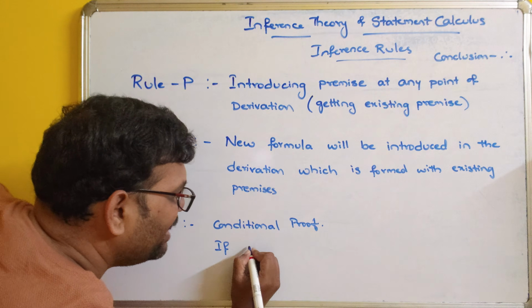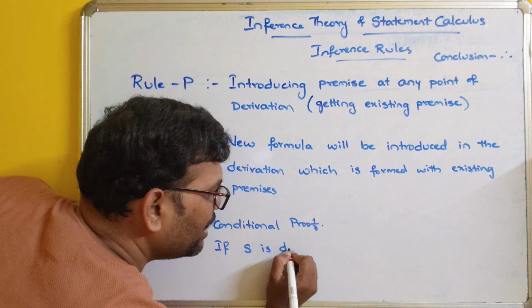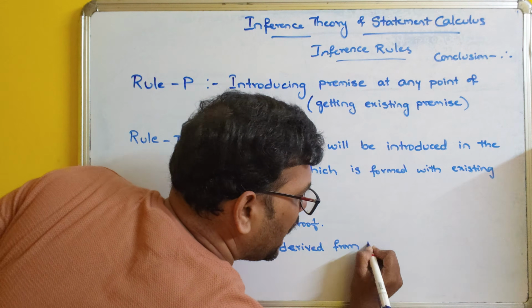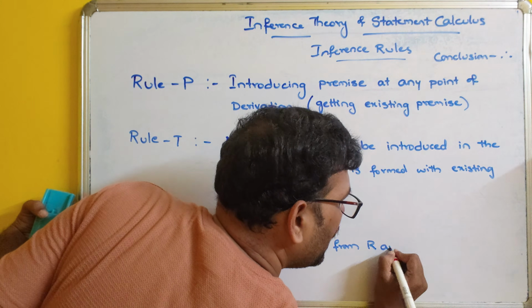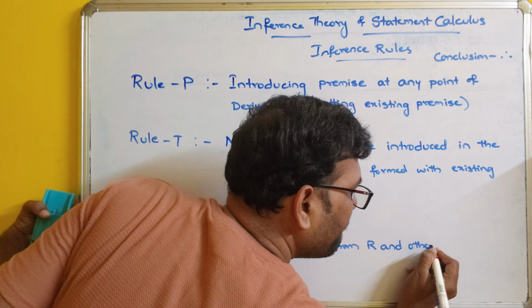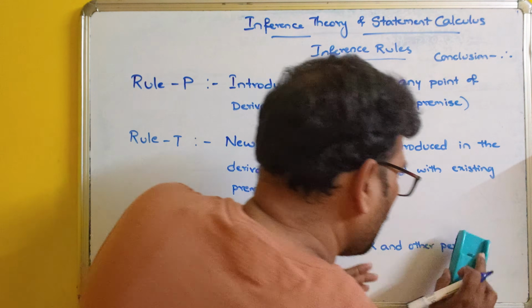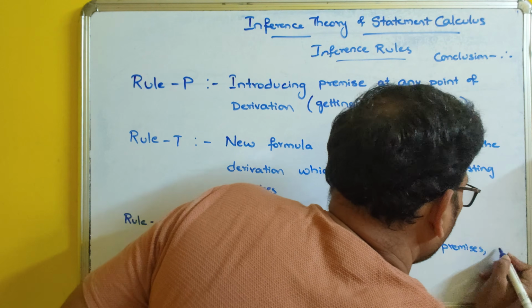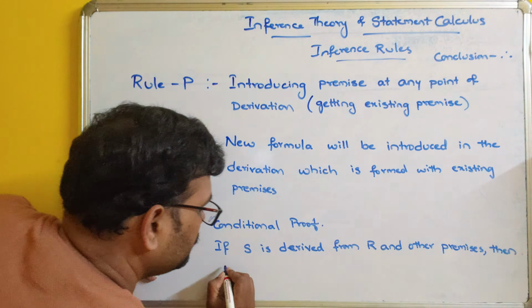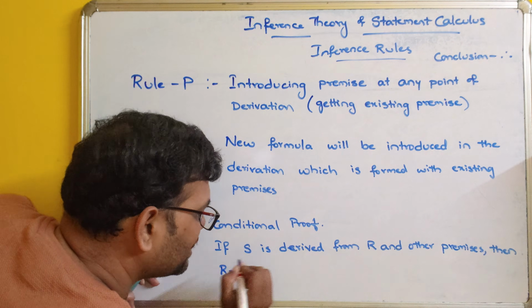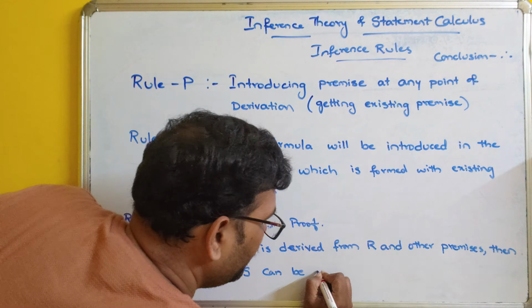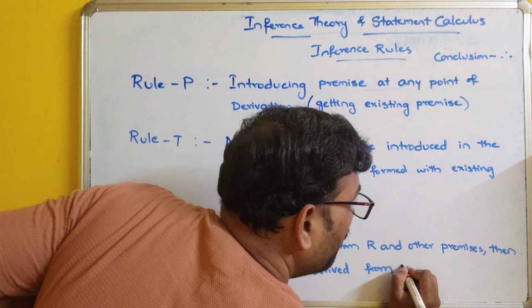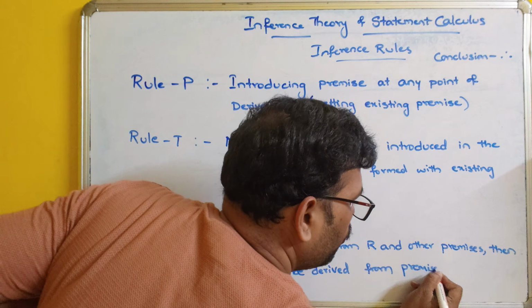So what is this rule? If S is derived from R and other premises, then R implies S can be derived from premises alone.